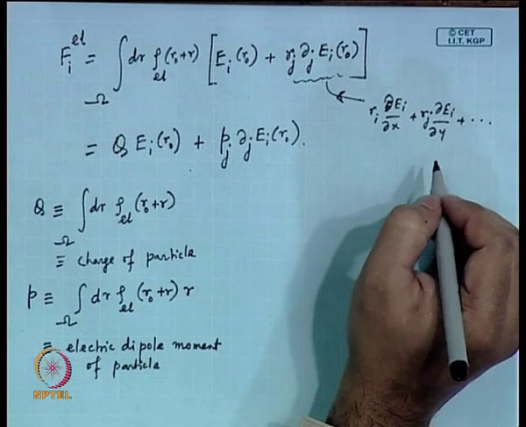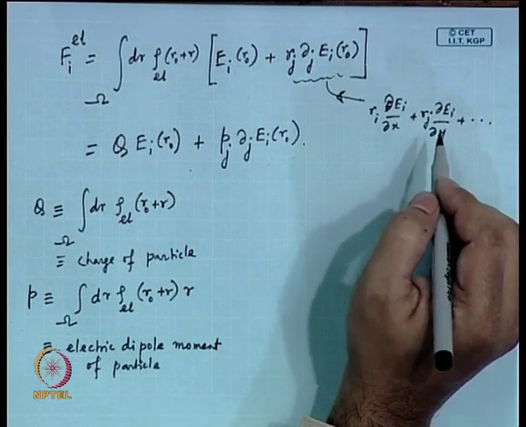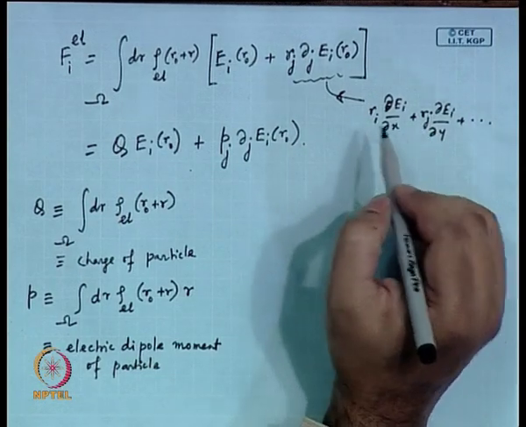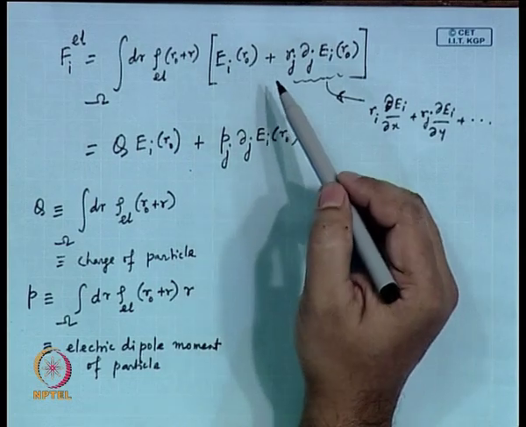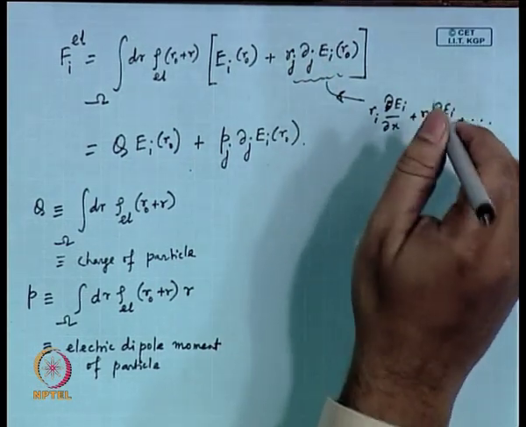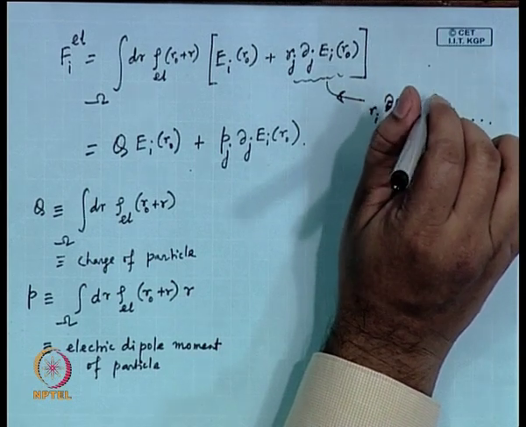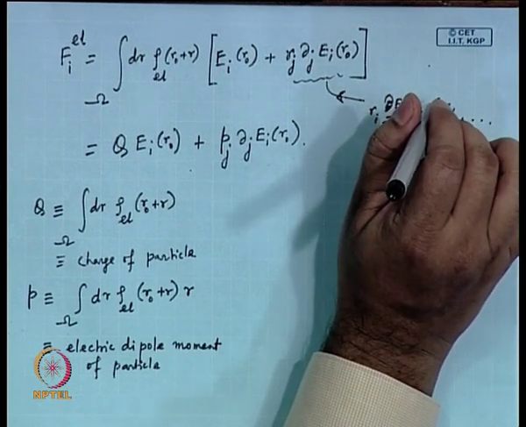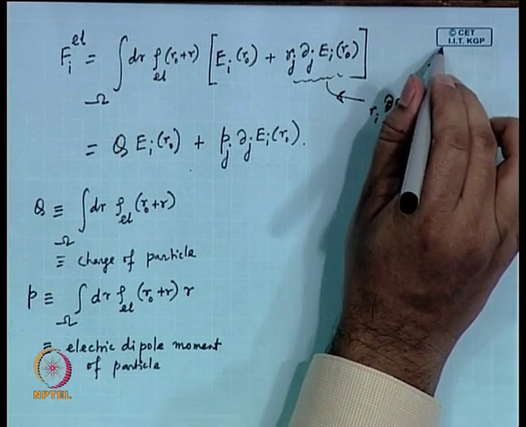For the three components, you have to expand these E I at r0. So what exactly are you doing? Around point r, you are doing a Taylor series expansion of the field E. So a general vector is r0 plus r.